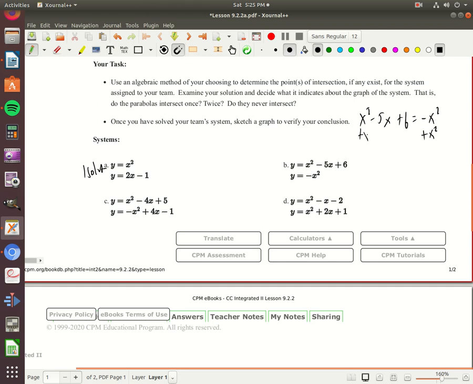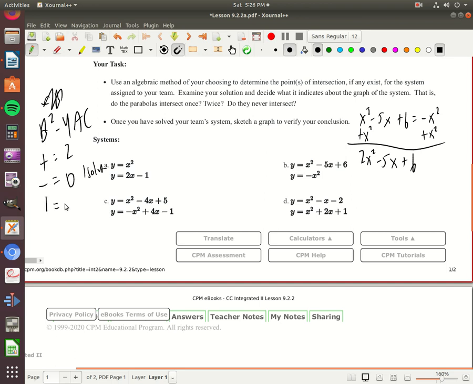I add x squared. I get 2x squared minus 5x plus 6. Again, our determinant is b squared minus 4ac. That's what we're doing. And positive means 2, negative means 0, and 0 means 1. Right? That's what we're talking about here.